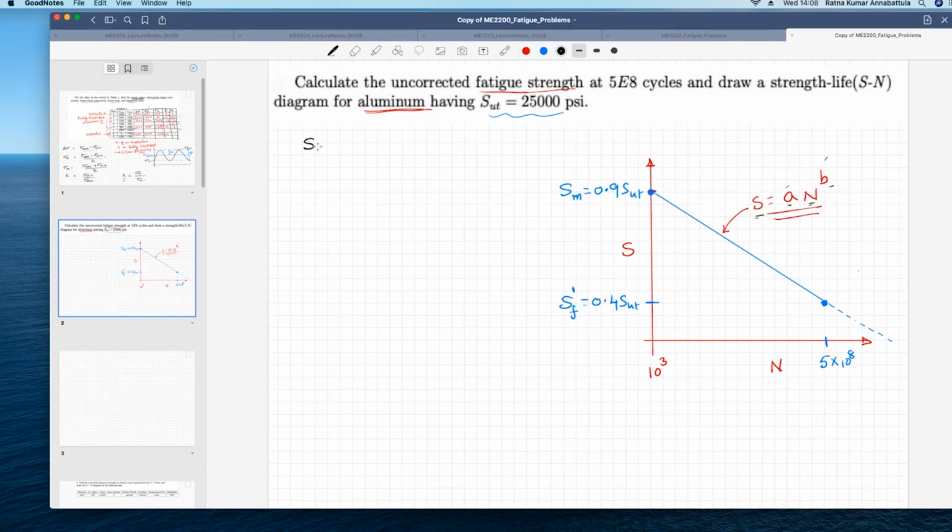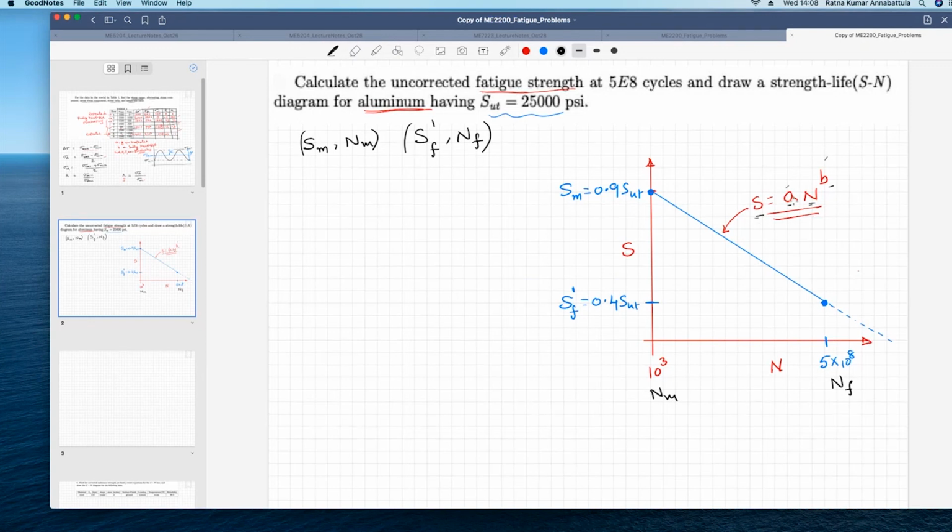One is SM and NM, and the other is SF dash and NF. These are the 2 points that we have on this curve.